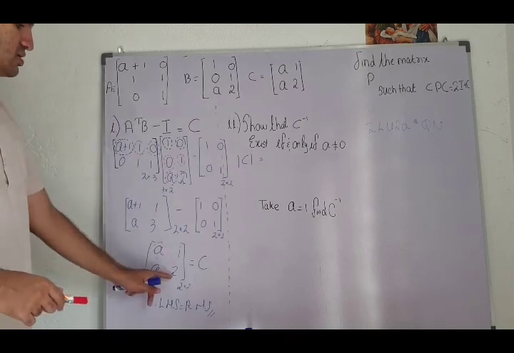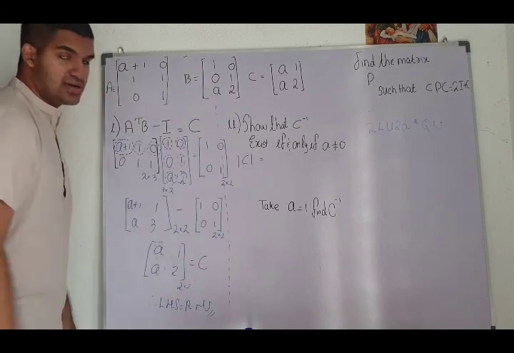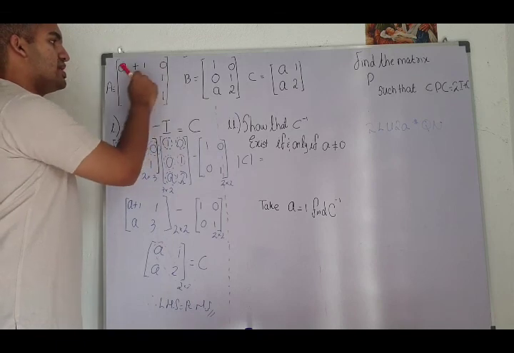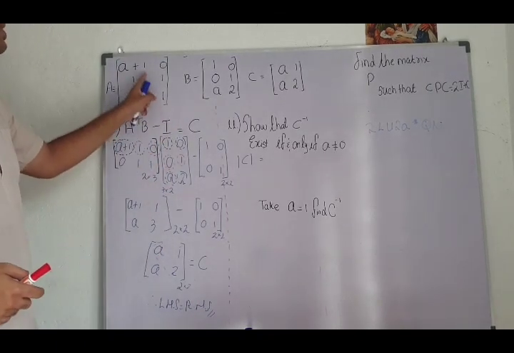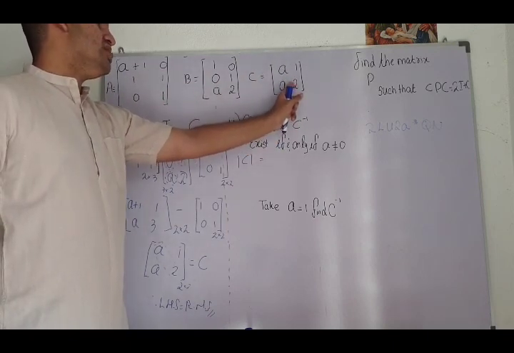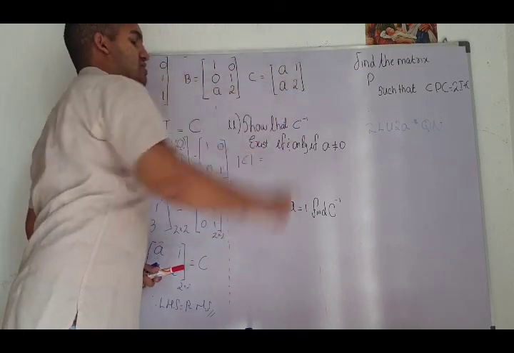So this is the major diagonal, the one you see here. This is the minor diagonal right here, right? In here, there are no minor or major diagonals because you can see that this is not symmetric. In here, the major diagonal is this, and the other minor diagonal is here.